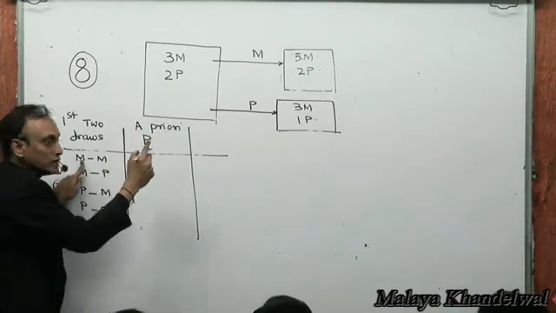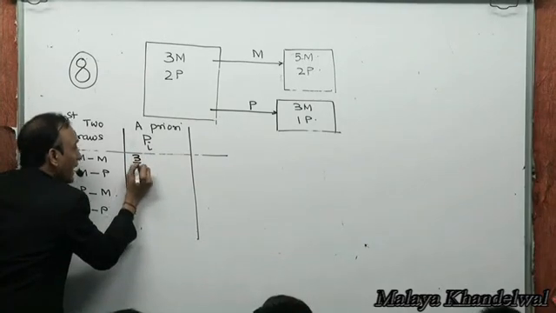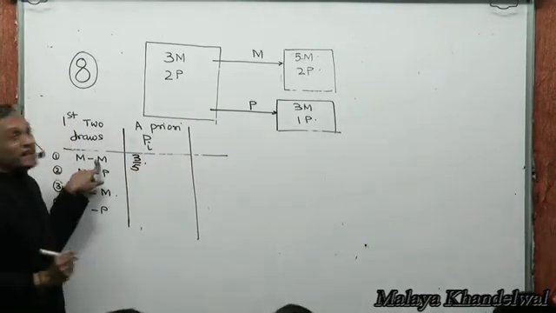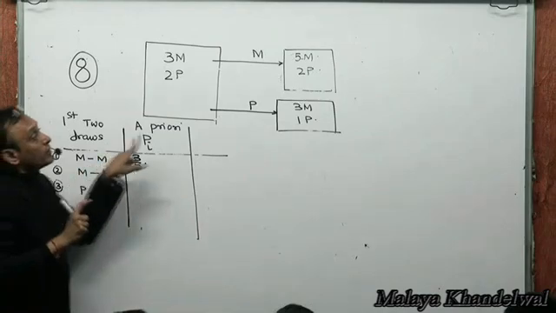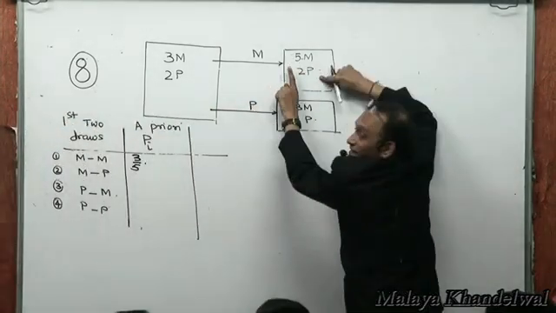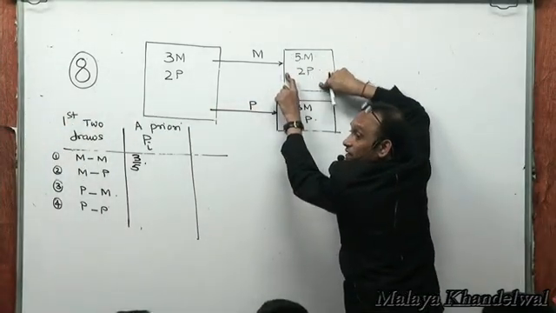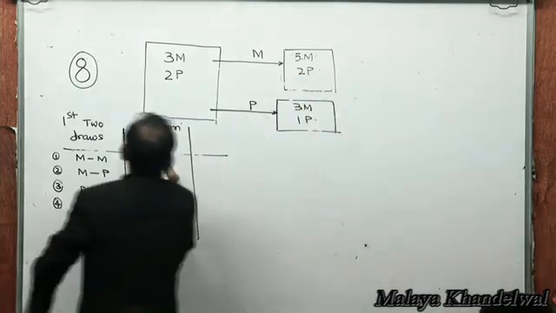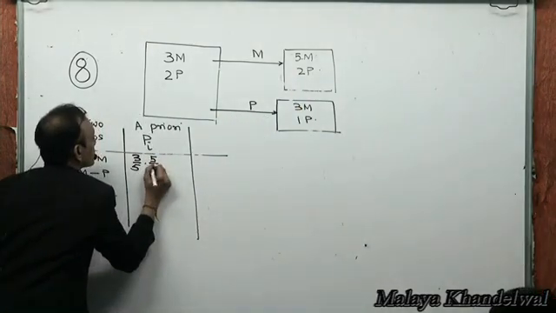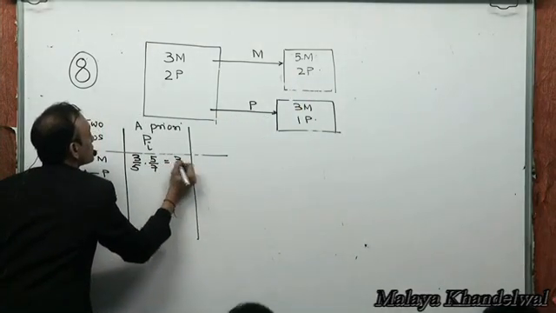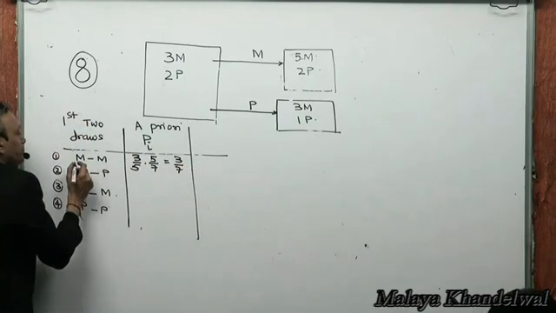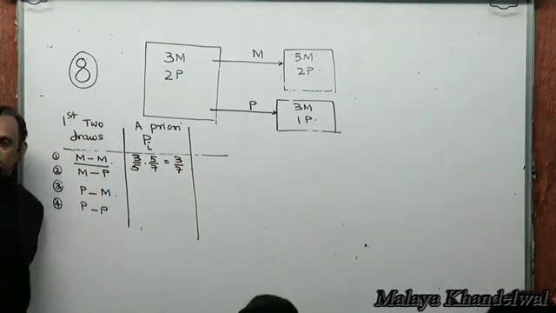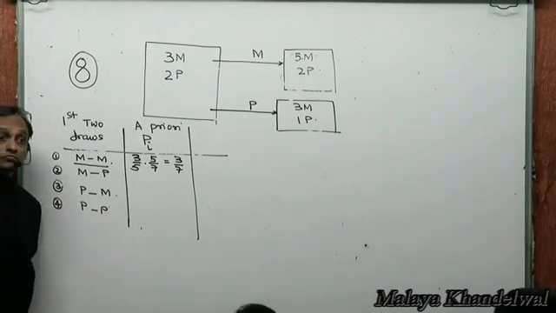Yes or no? And maths in the second draw would be 5 by 7. So that makes it 3 by 7. That's the a priori probability of this event, this cause. These are the 4 causes.